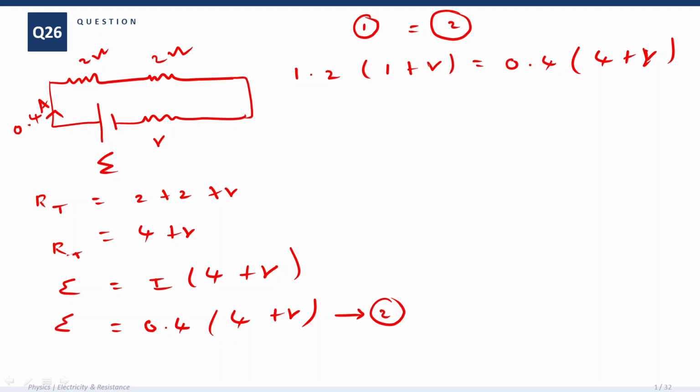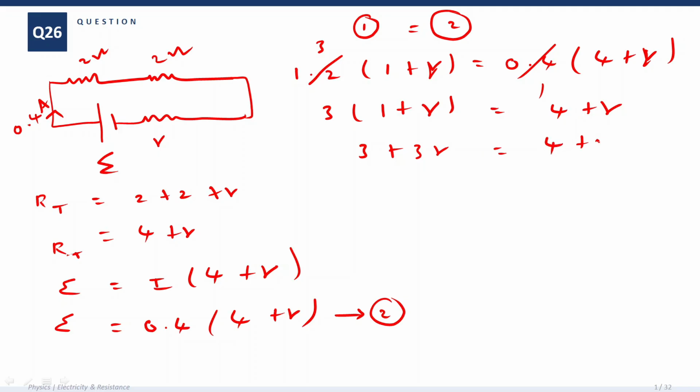Then dividing by 0.4, we have equation 3: 3 of 1 plus R equals 4 plus R. So 3 plus 3R equals 4 plus R. Then we get 3R minus R equals 4 minus 3.